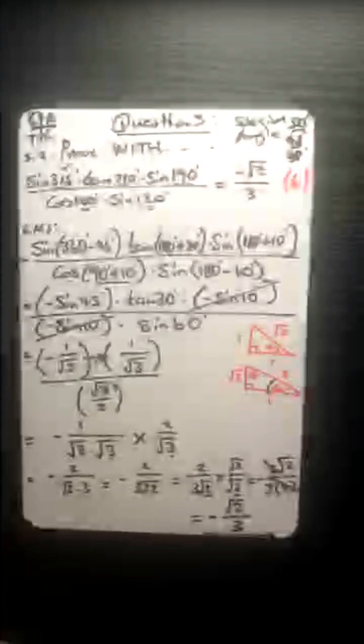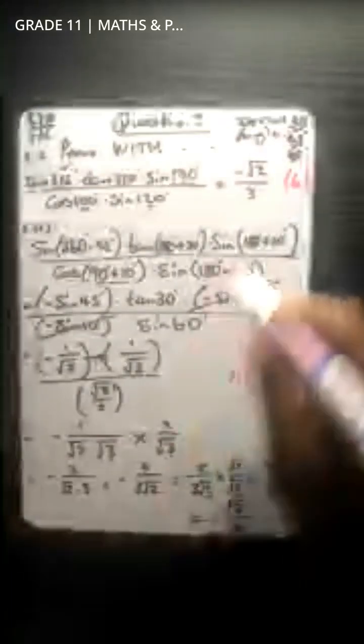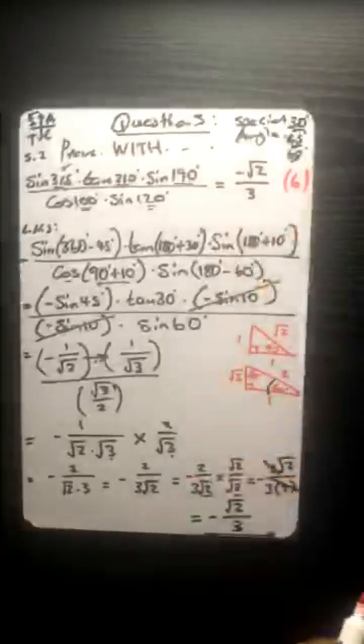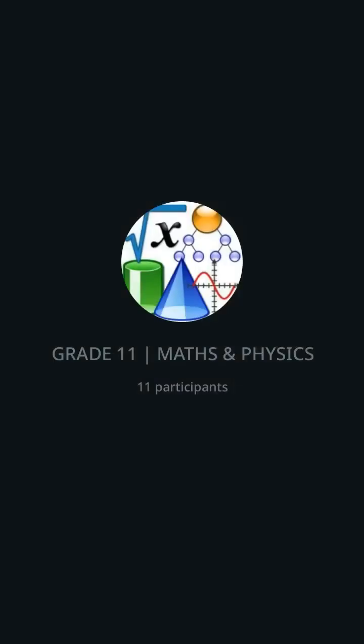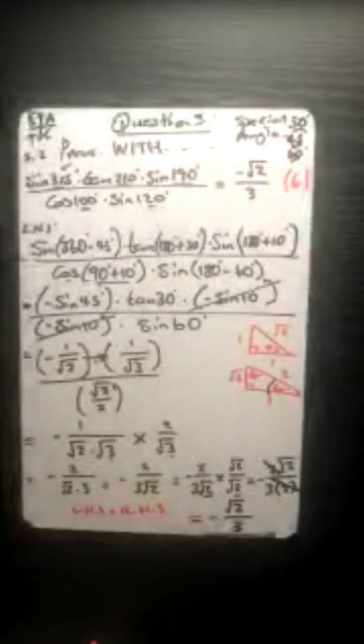It wasn't actually a simplify, but we were actually trying to prove that the left hand side is equal to that, and most importantly, without using a calculator. So now that means this being the left hand side, it's equal to the right hand side.